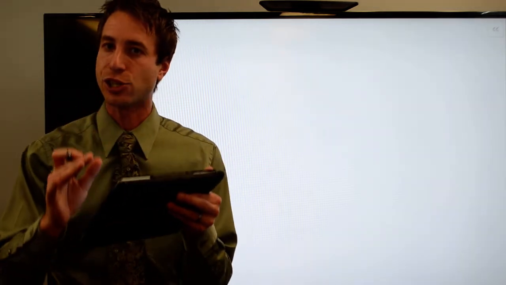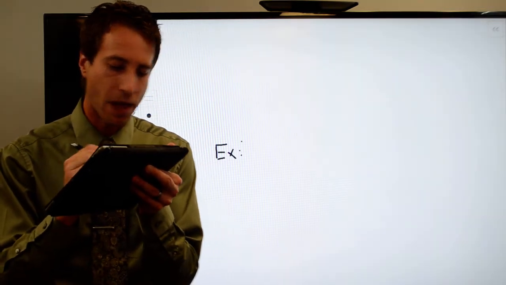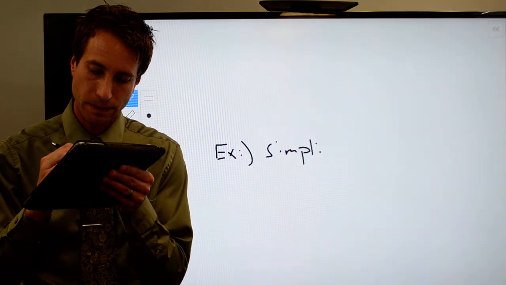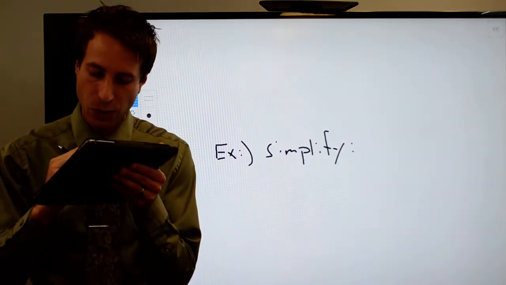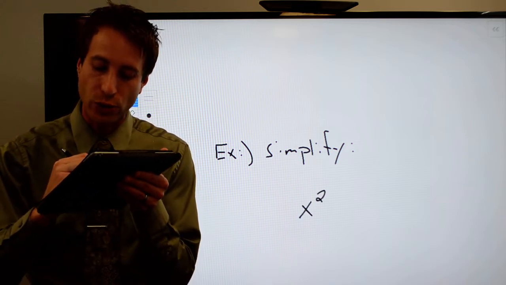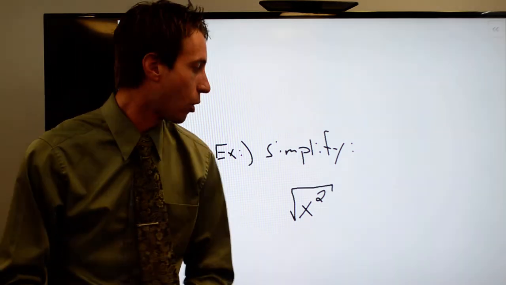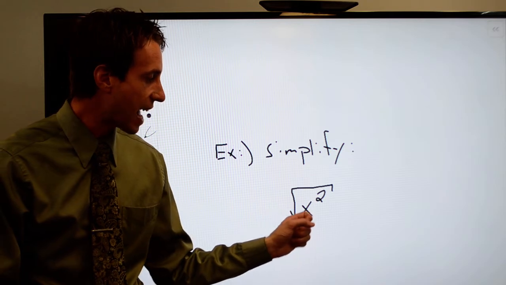What if I asked you to simplify this problem? And we're just going to do a really simple one. This is a really easy one. I want you to simplify an x squared, which we are going to take the square root of. Alright? So we're going to simplify the square root of an x squared.